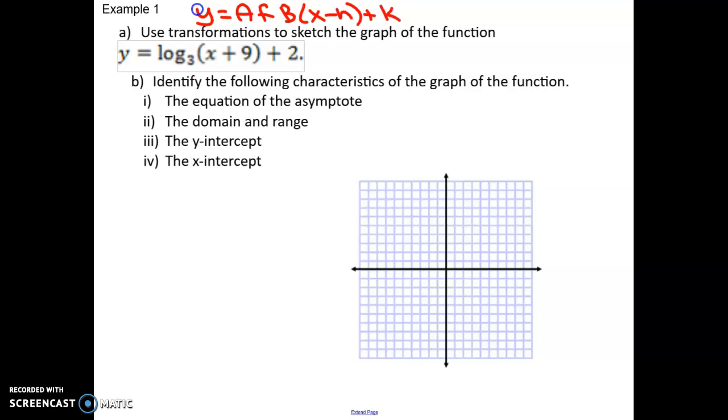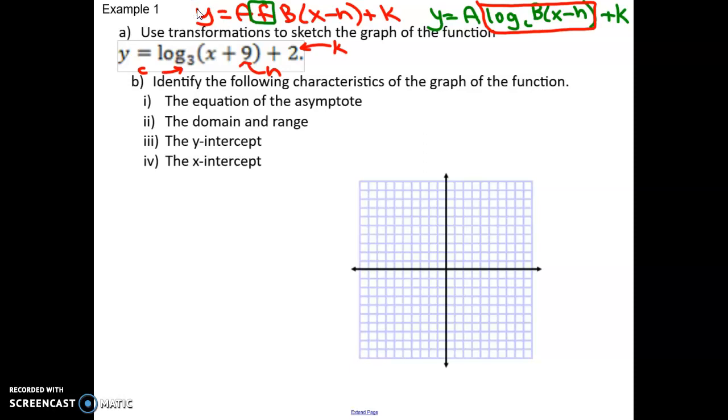But if I replace the f with a log function, because remember the f here means any function, then what we're looking at is a log, and I'll have a certain base onto it, so I'm going to call that little base c, b(x minus h), and then plus k. So remember that the b and the h are in with the x, which means they're in with the log function. The a and the k are stretching your y values, so they're not applied into the log function.